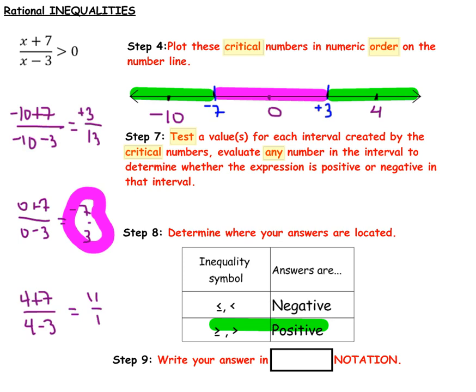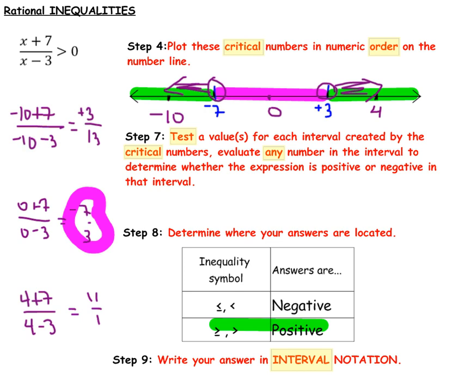Okay, so my answer for this particular problem then is going to be an open dot at -7 going this way, and an open dot at 3 going this way. And it says I have to write my answer in interval notation.